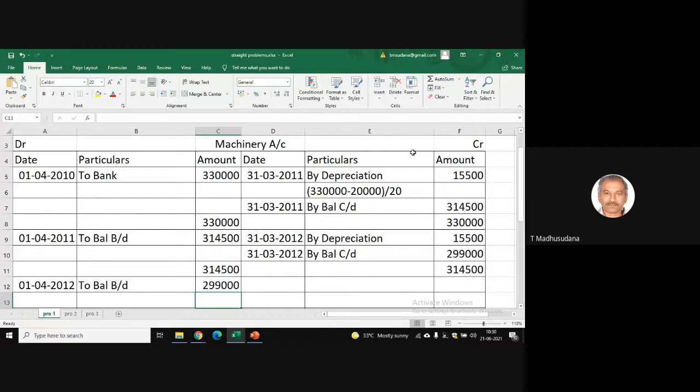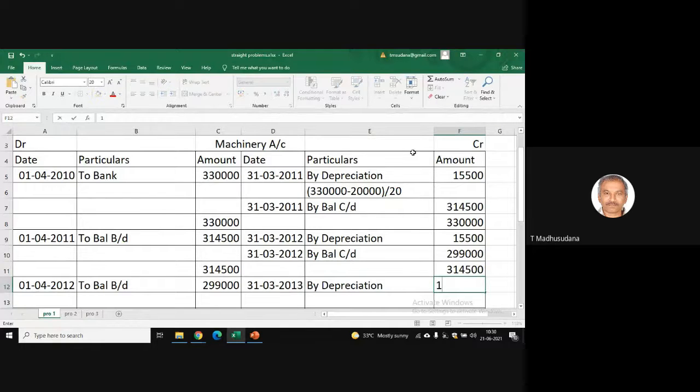Next, third year, same. Third year in the same manner, what is the closing date? 31/3/2013. By depreciation amount, how much?